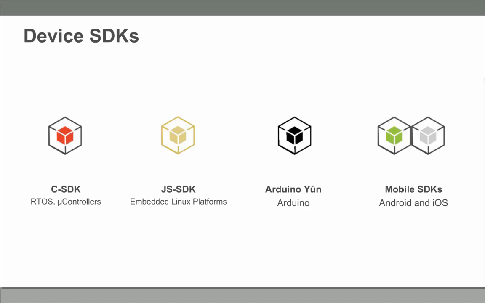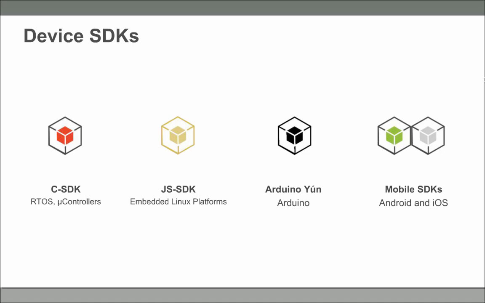Writing in Node, you still have access to the hardware, but it's a nice high-level language that's easy to get going with. We recently made an update to that SDK, so you can run it in a browser too, so you can do a WebSocket connection from a browser and make a real-time connection and get MQTT data in your browser.